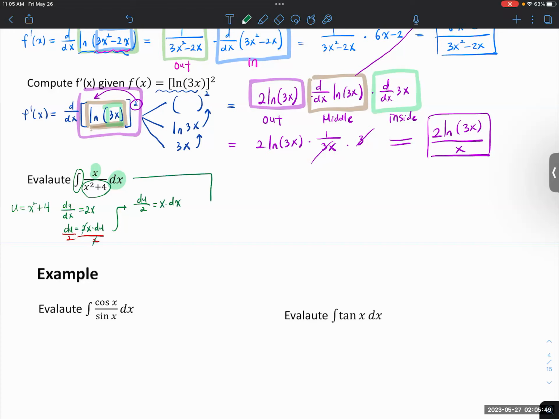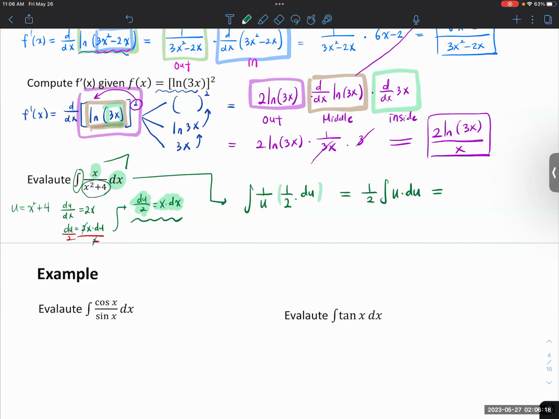Therefore, 1 over u, right? And then x dx, we have a 1 over 2 du, correct? So x times dx is 1 over 2 du. And we have a 1 over u. So what happened? 1 over 2u du.